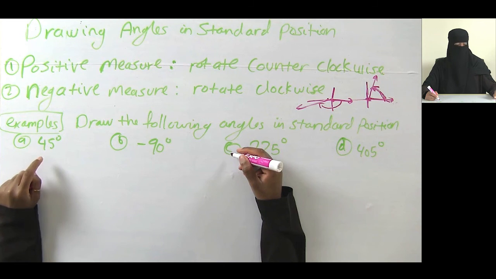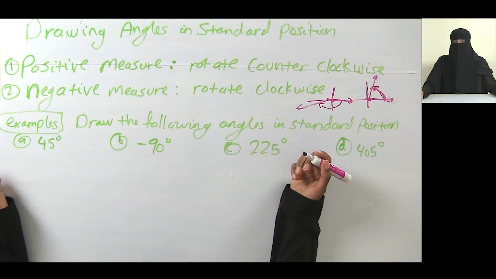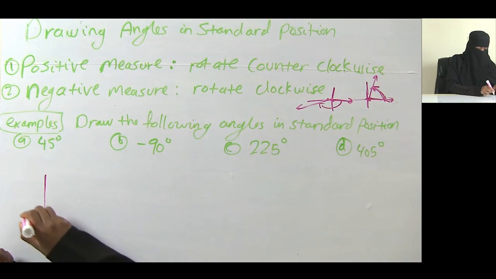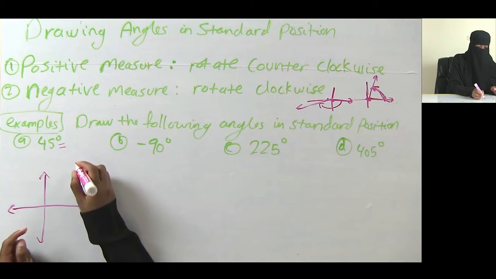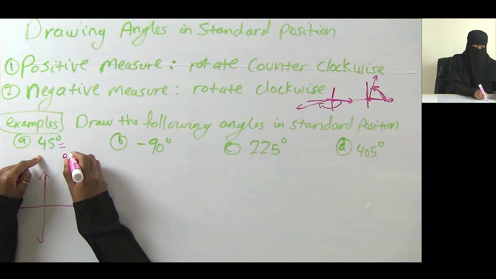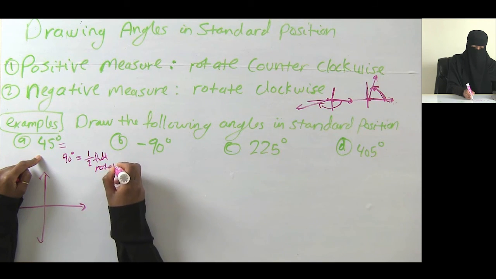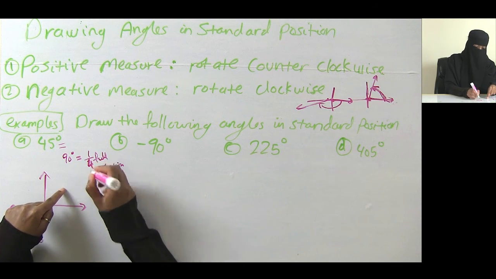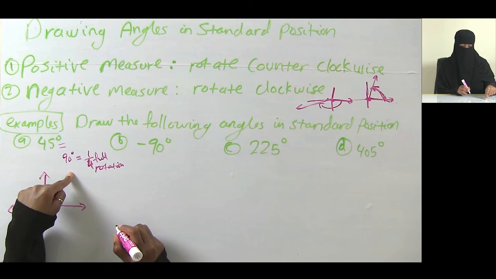Here's 45. Before we draw 45, we want to look at what 45 means in relation to the full rotation, because remember, 360 represents our full rotation. 90 degrees was 1/4 of a full rotation. 45, however, is half of 90 degrees.